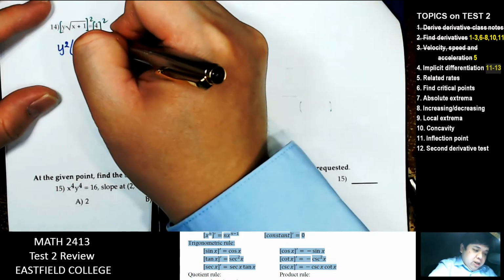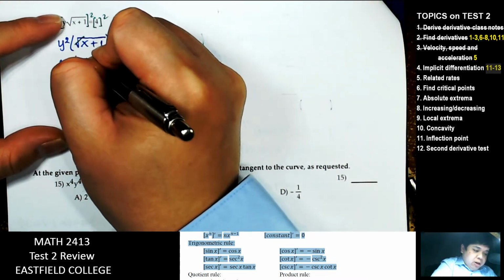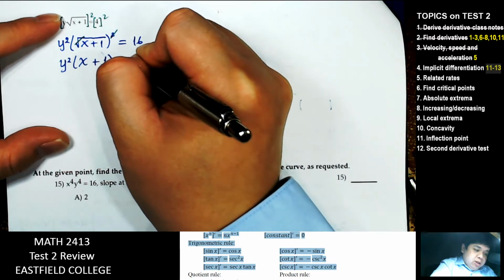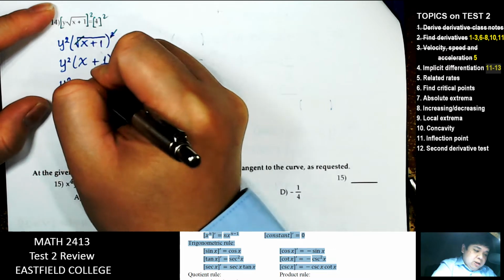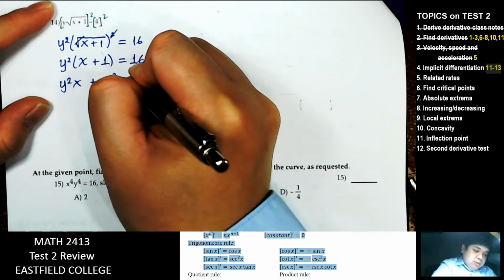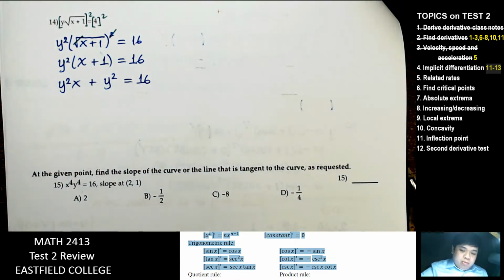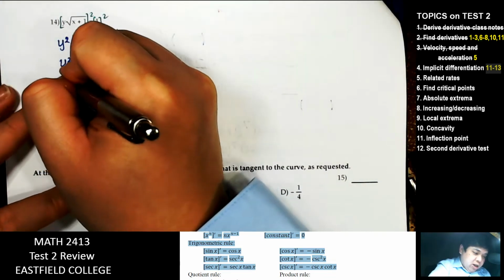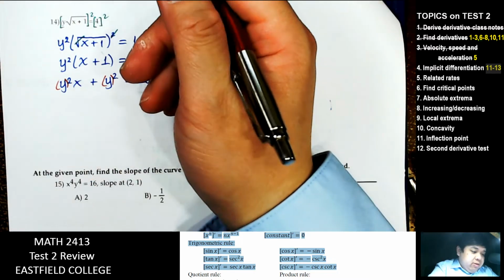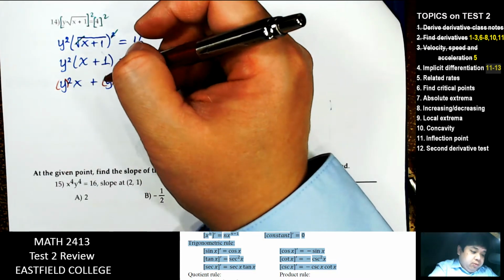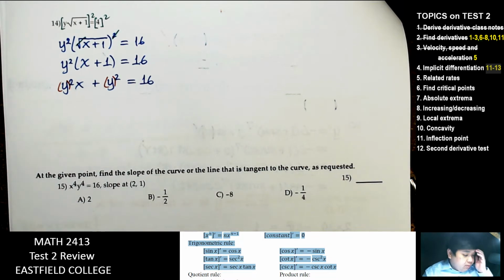Square root, square cancel out. We have y square x plus 1 equal to 16. We can also multiply it out. Right? And then y is a function of x, and then we put the parentheses around just the y. Then we take the derivative. That is the product rule. And then that we solve for dy over dx. What I do instead is 15.